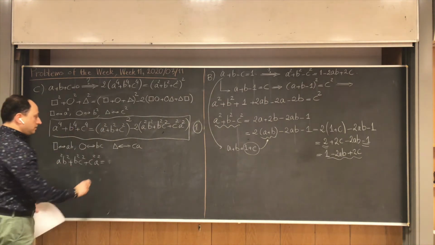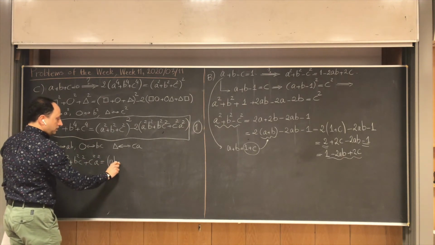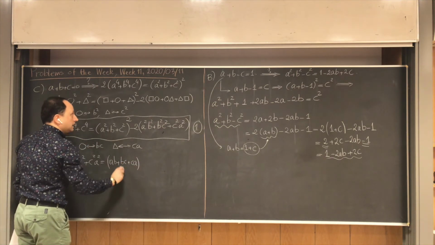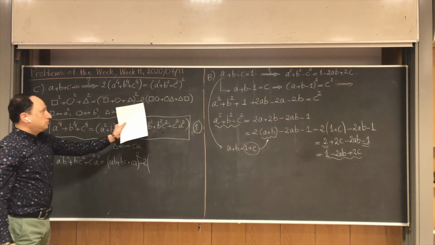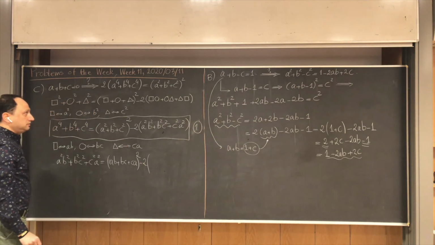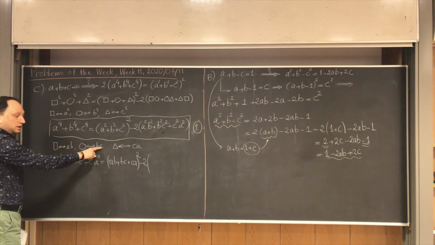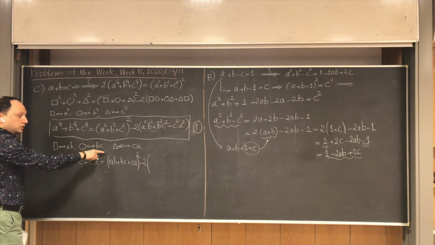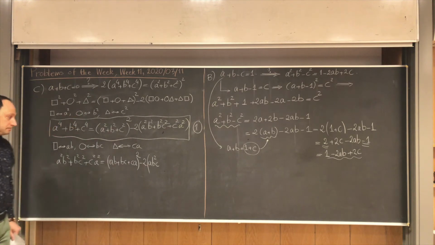Then the box is AB plus circle is BC, and the other one is CA to the 2, minus 2 times box times circle. Box is AB, circle is BC. When I multiply box by circle, it becomes AB squared C. Yes?